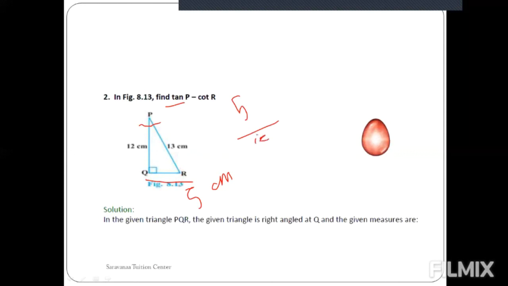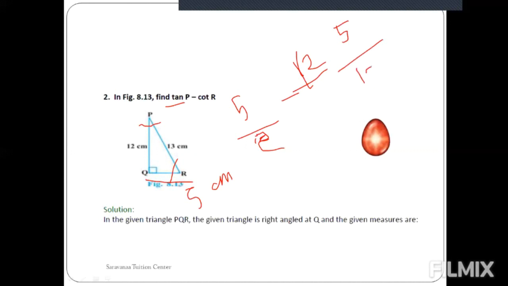Opposite by adjacent, 5 by 12, and then minus cot R. From this angle, cot is adjacent by opposite. Sorry, adjacent is 5 and opposite is 12.